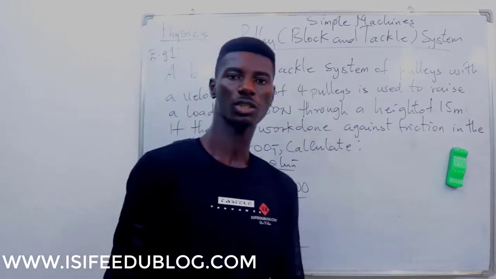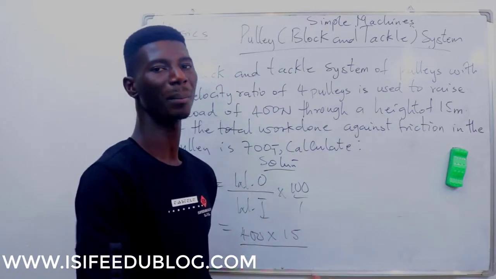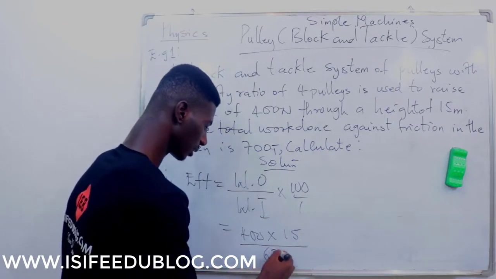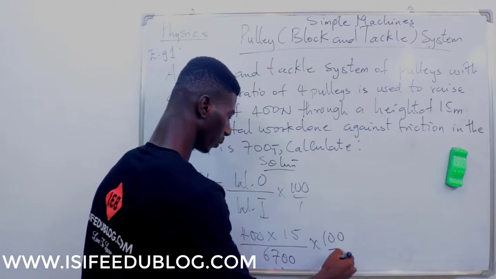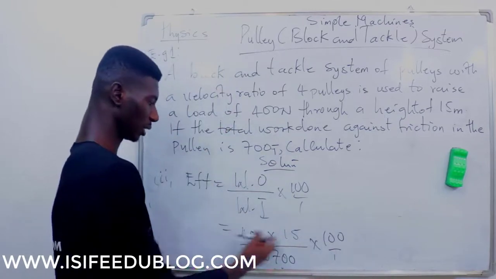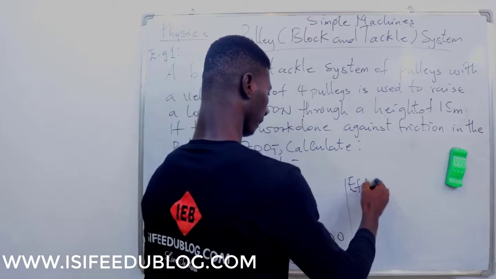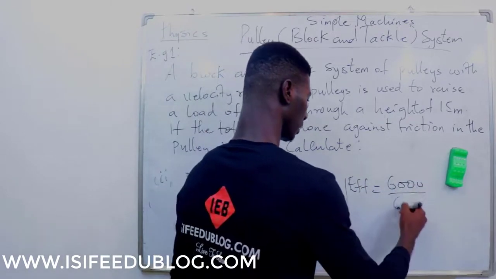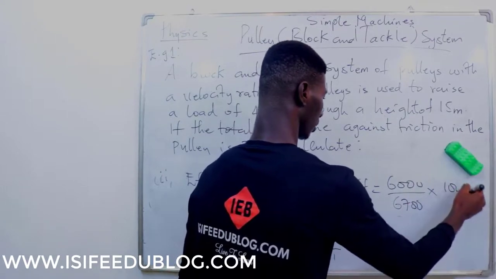The work input is what we just worked out, the total work input, which is the work done by effort. And we have gotten that to be 6,700 times 100 over 1. So our efficiency is 6,000 divided by 6,700 times 100 over 1.